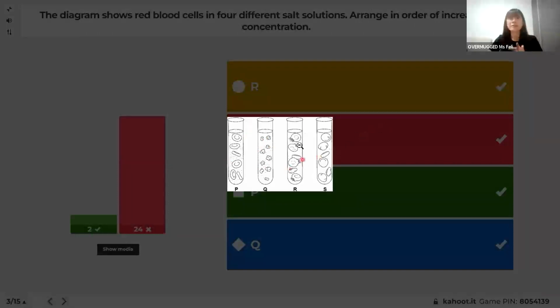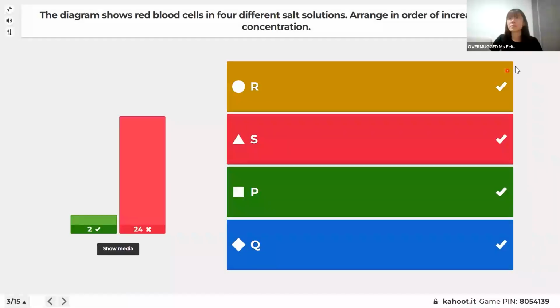Then you need to rank them. Because if it is burst, that means outside is a lot of water. A lot of water means high water potential, low concentration. So that's why for R, it will be the lowest concentration. That's why it's the first one, from the lowest concentration to the highest concentration. So the extreme opposite is Q. So Q will be the last. Okay, next question.